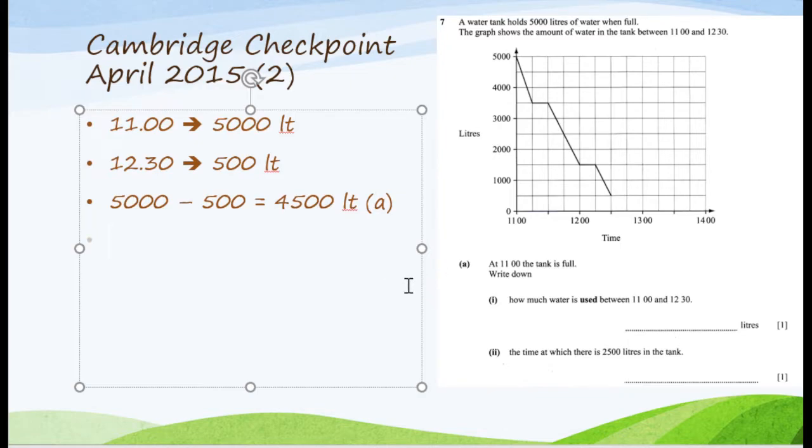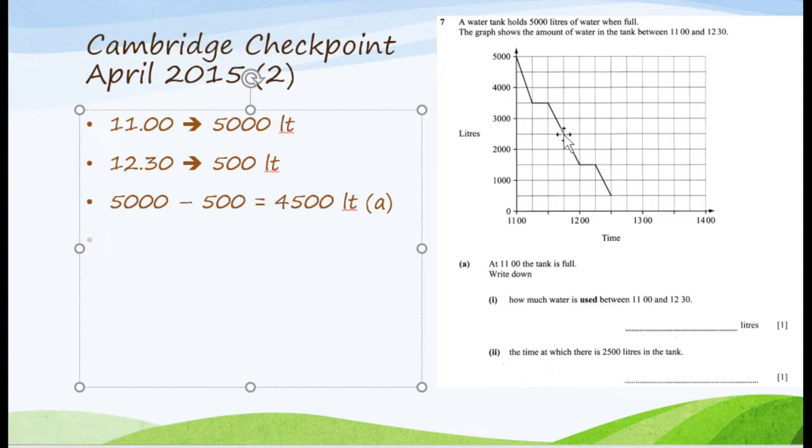So 2,500. Well, you look on the liters. There is no 2,500, but you know 2,500 is between 2,000 and 3,000, right? In the middle of them. So where's the line in the middle of them? This one. So you draw the horizontal line, stop until you touch the line.